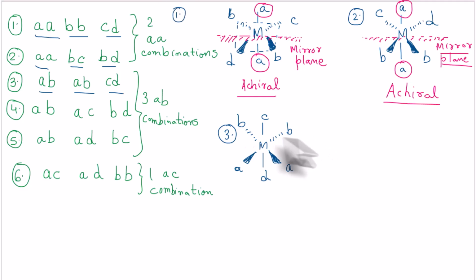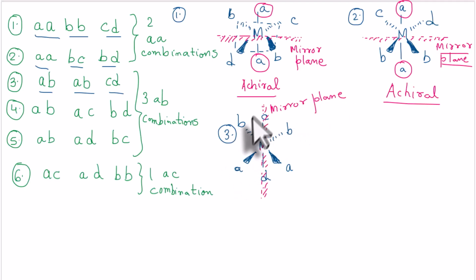But if we try to put a mirror plane, or if we try to bisect this complex from this vertical plane, let me put it somewhere here, this mirror plane dividing this molecule. So this is the mirror plane which is vertical.